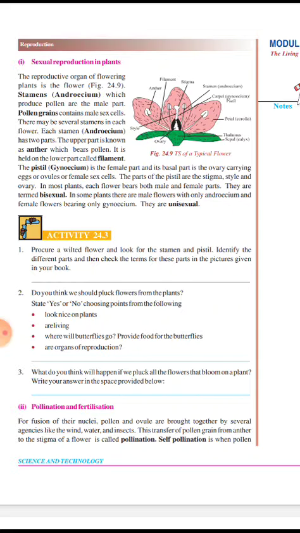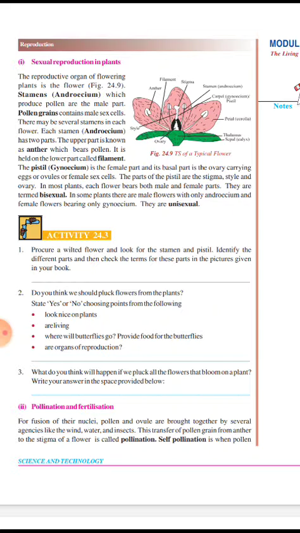There is a part in the flower called stamens or androecium. These are the male part of the flower, and they produce pollen. Pollen is a small particle. These pollen grains contain male sex cells. There may be several stamens in each flower.